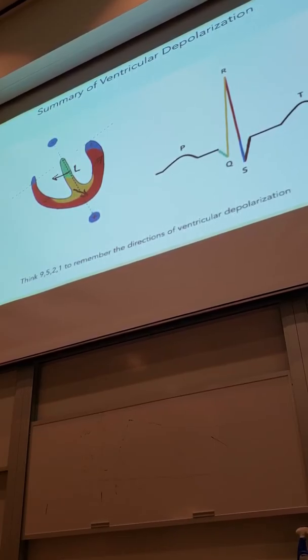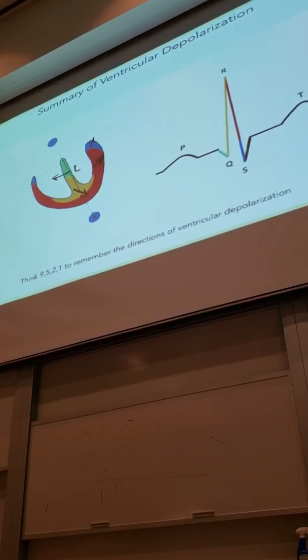So if we again take all the individual tiny little vectors and add them together, the result is a vector in this direction that is towards the left. And then finally, the very tops of the ventricle are depolarizing. But again, the left side is bigger, and we have more of a response.